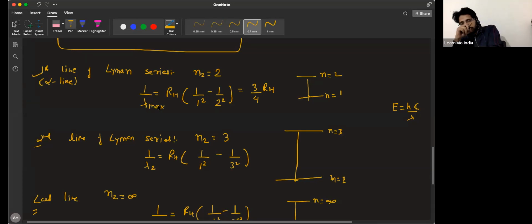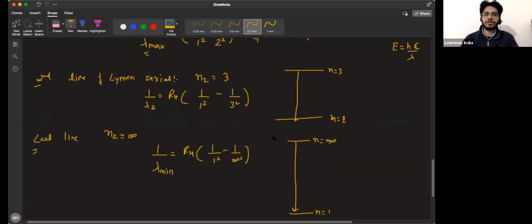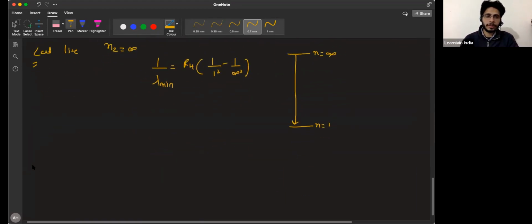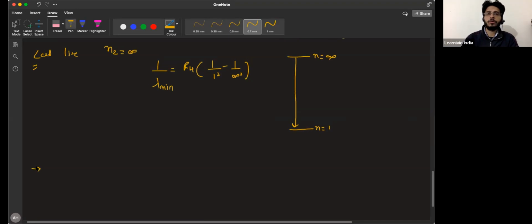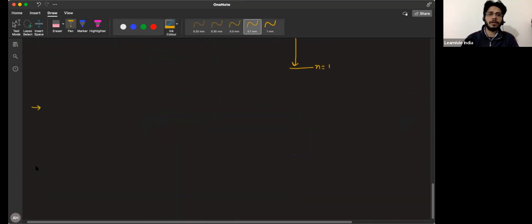You also have to remember which transition corresponds to the maximum wavelength and which to the minimum. The transition from 2 to 1 corresponds to the maximum wavelength, and the transition from infinity to 1 corresponds to the minimum wavelength. The last thing to remember about these transitions is that they lie in the ultraviolet region.